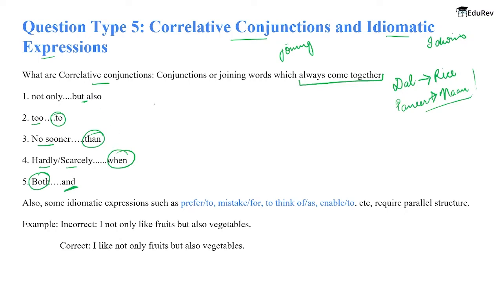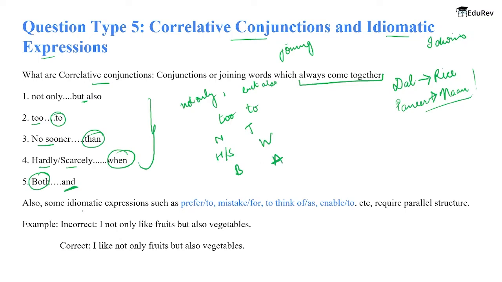So these are very important to learn. You must know that whenever you write not only, you have to write but also. With either, you have to write or. With no sooner, you have to write than. With hardly or scarcely, you have to write when. And with both, you have to write and.